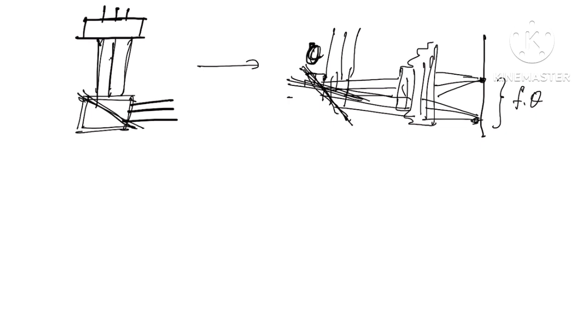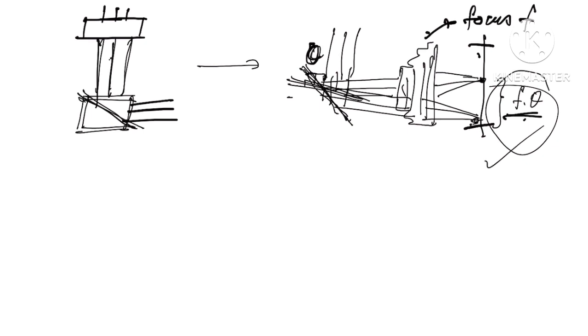And if the focal length of this f theta lens is f, this distance will be f theta, and for a particular theta up to the f theta position, the galvo scanner and the f theta lens both are capable of making the laser beam move over the build platform and also keep it focused. So this is why this sort of lens is called an f theta lens.